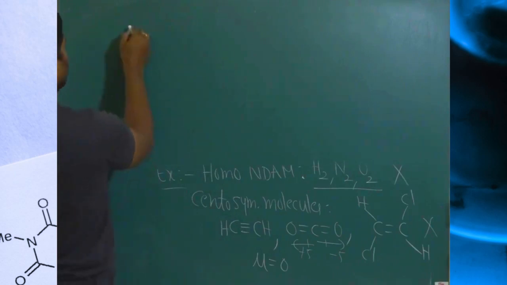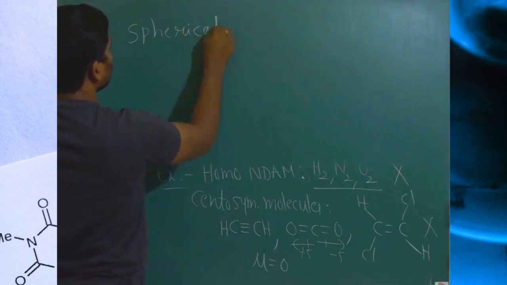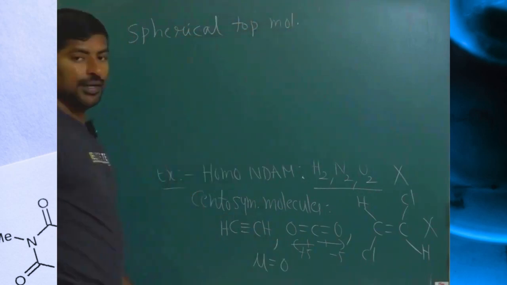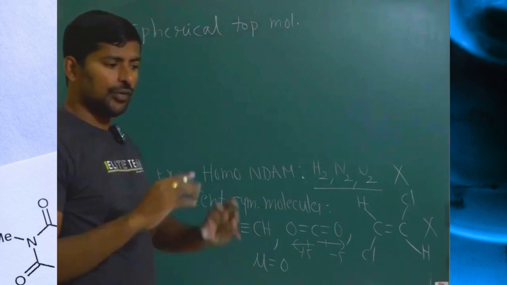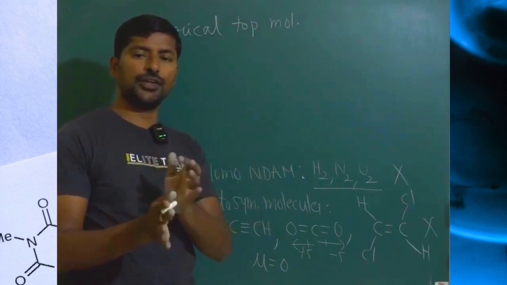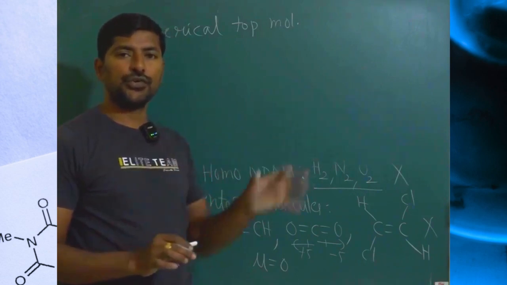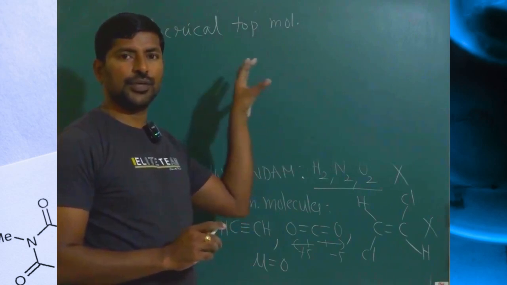Centrosymmetric molecules. Next one, spherical top molecules, which we already discussed. These molecules belong to the tetrahedral or octahedral point group. If a sphere undergoes rotation, is there any change in it? There is no change in the shape, the geometry or the coordinates.